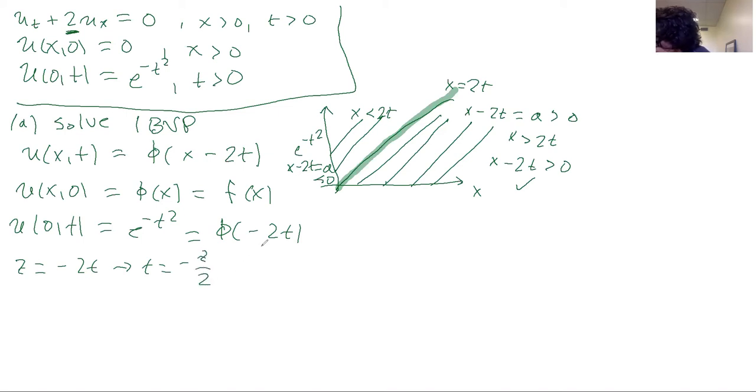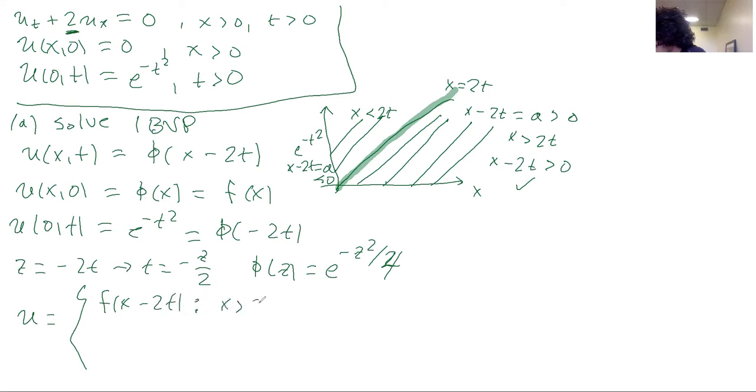And so that is going to give us that phi of z is equal to e to the minus z squared over 4. So our solution then is going to be that u is equal to f of x minus 2t whenever x is greater than 2t, and u is equal to e to the minus (x minus 2t) squared over 4 whenever x is less than 2t.